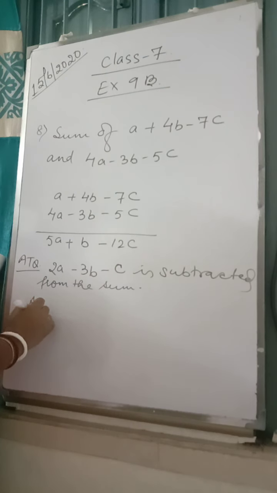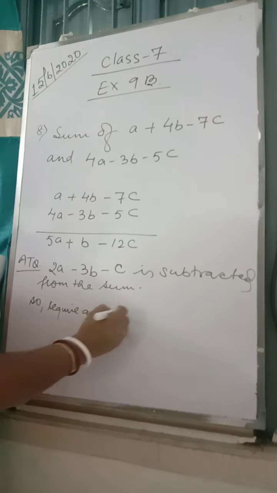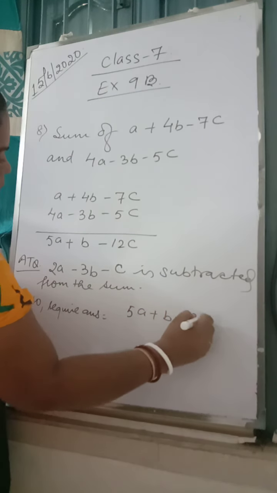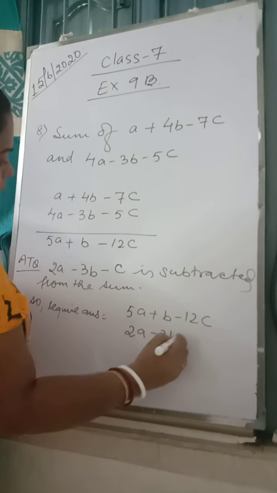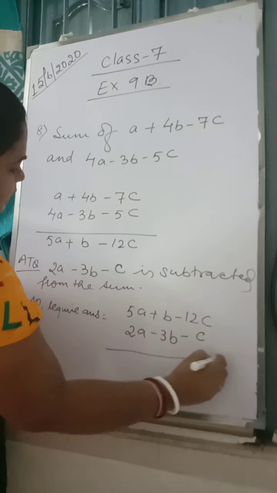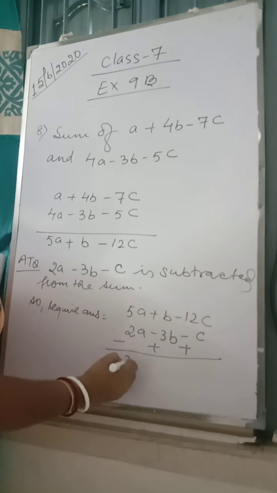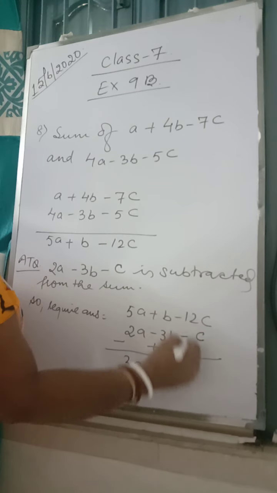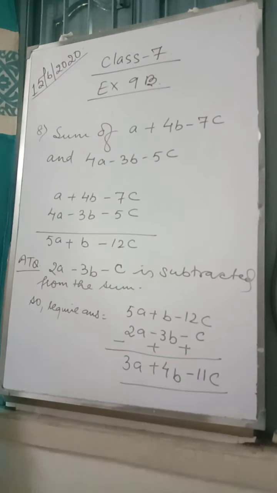So required answer is 5a plus b minus 12c, minus 2a minus 3b minus c. We'll just subtract it. So signs will get changed. 3a, 4b and minus 11c is the answer. Clear? Please write it.